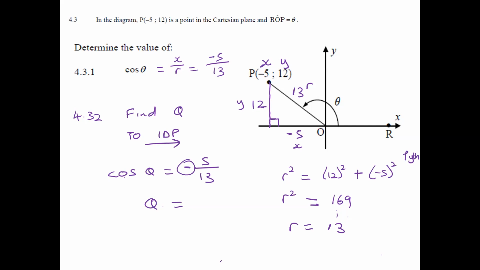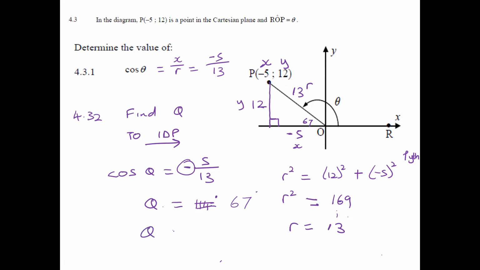It's like 114, sir. 114 degrees. But remember, I can't be getting 114 directly. If you use shift cos 5 over 13, what would you get? 67, sir. All right, that's your angle inside the triangle.